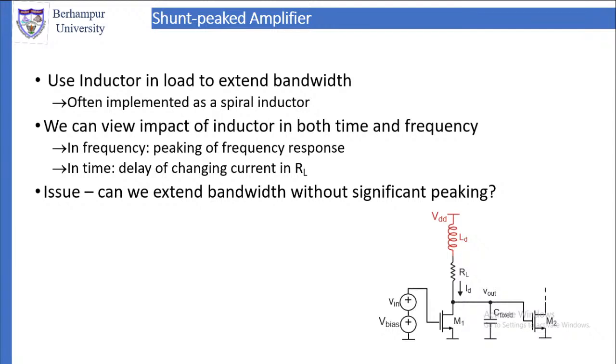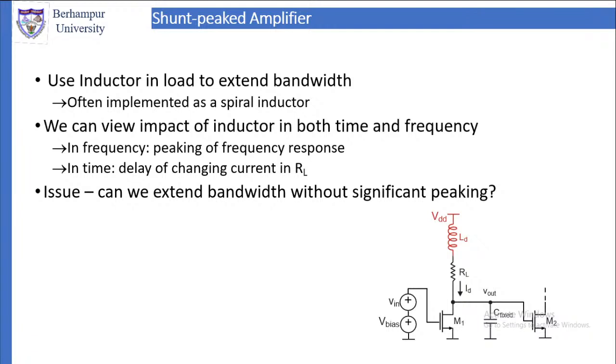So peaking of the frequency response is one issue. Then in time, because it is an inductor, it will be delayed. So it will delay the changing of current in RL. So the current change in RL will be delayed. So the main purpose of high speed may get affected.